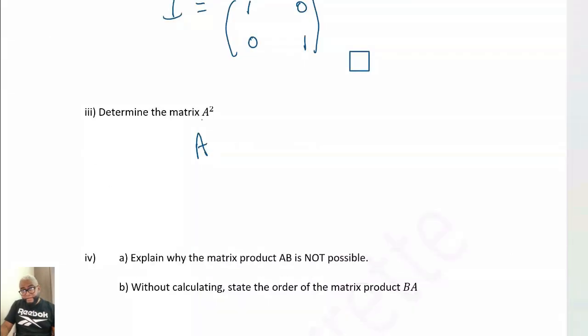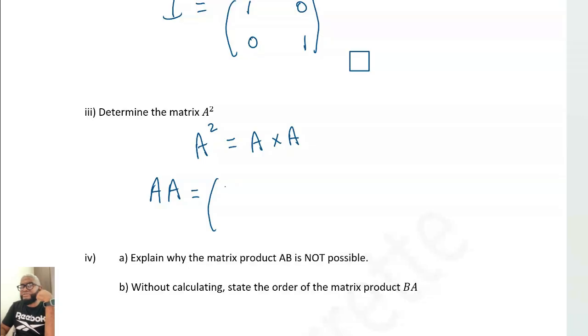Right, so A squared is actually A multiplied by A. Everybody good there? We're going to perform matrix multiplication of A multiplied by A. Who could remind me what A was? I will now scroll up.